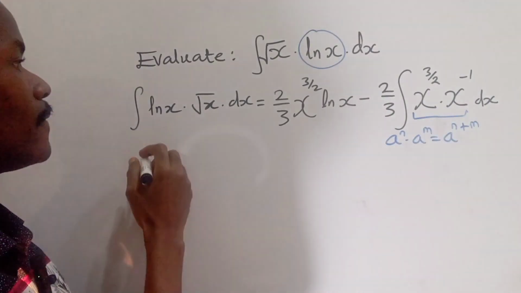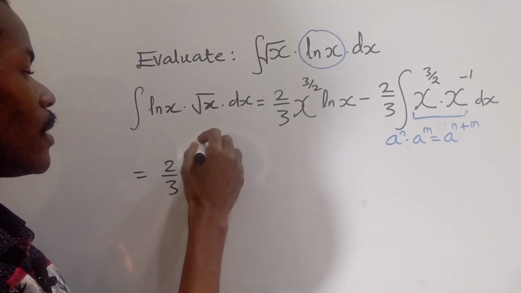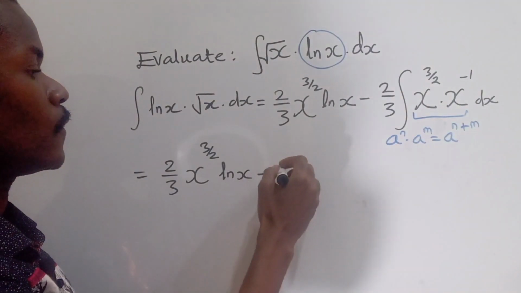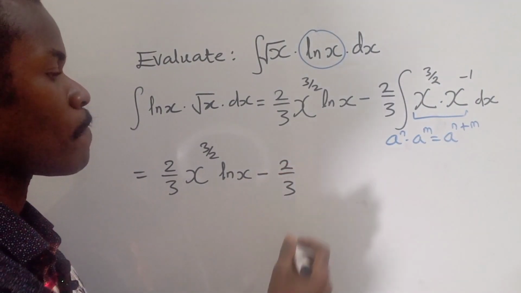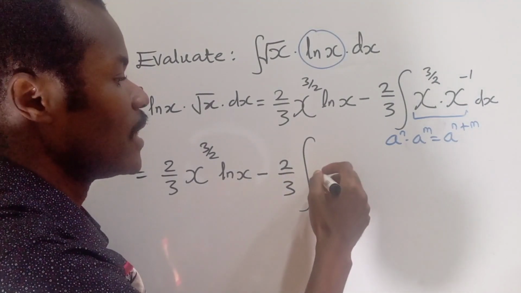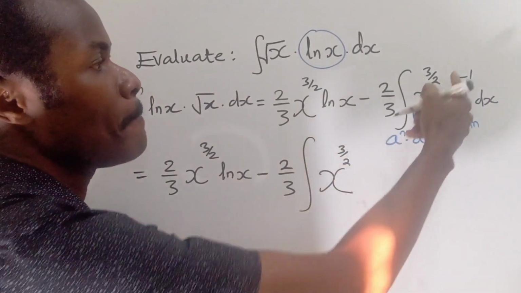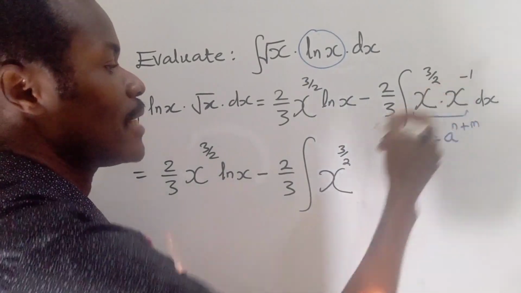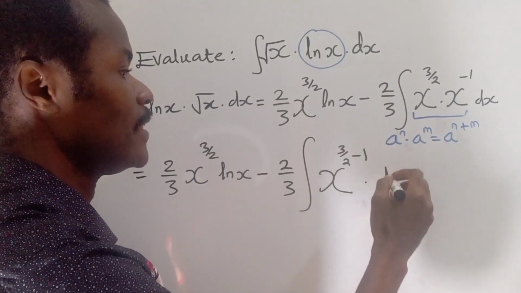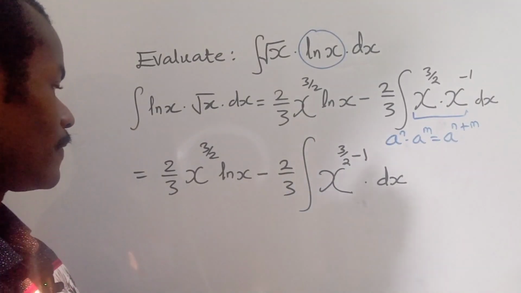So we have 2/3 x to the power of 3 over 2 natural logarithm of x minus 2 over 3 times the integral of x to the power of 3 over 2 plus this. Plus times minus is minus, so we have minus 1, multiplied by dx. Let's see what this further gives us.